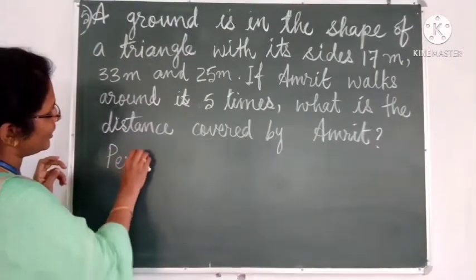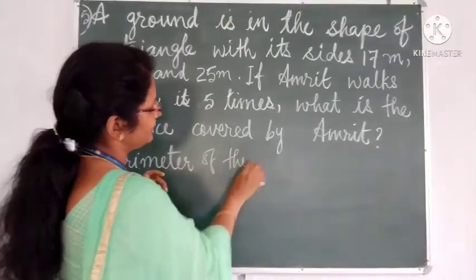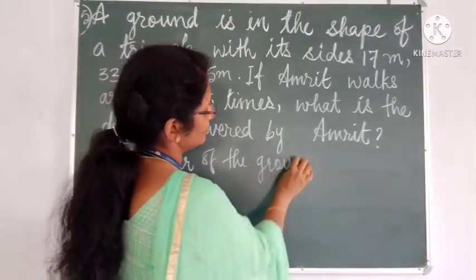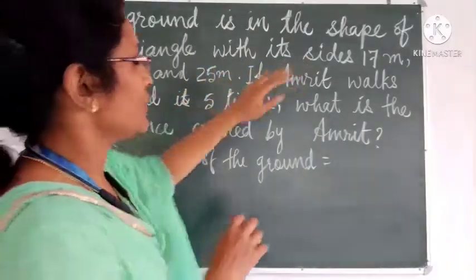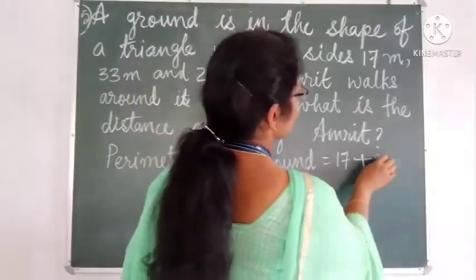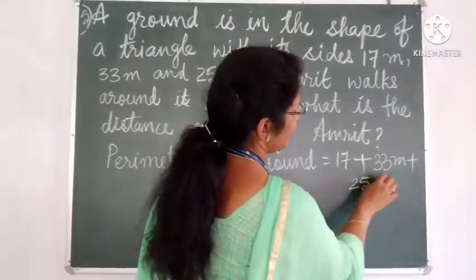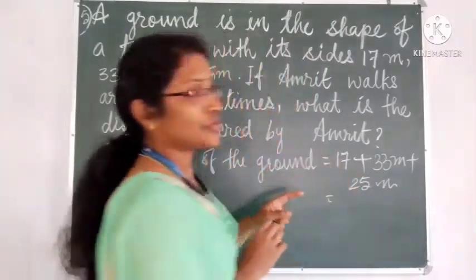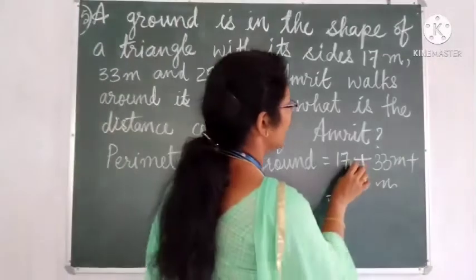The perimeter of the ground is equal to 17 meters plus 33 meters plus 25 meters. As the sides are in meters, our answer also will be in meters.